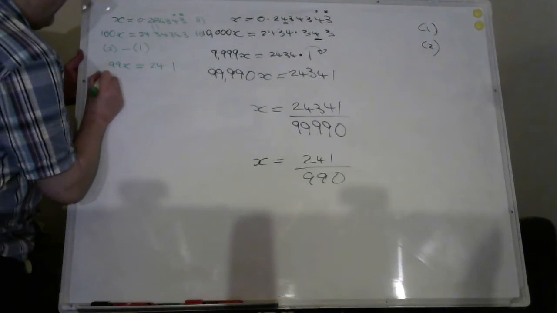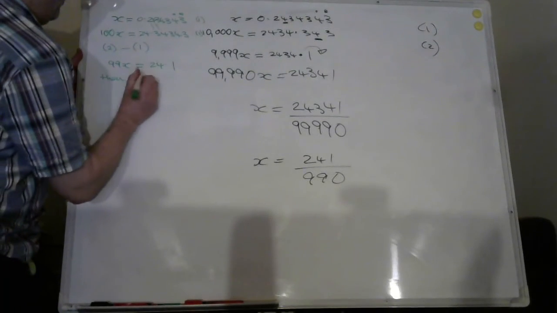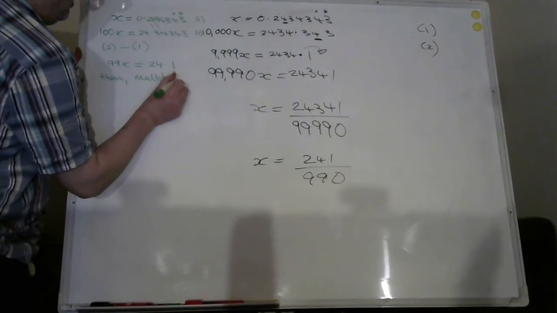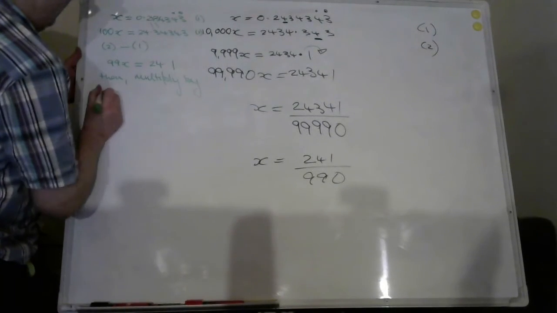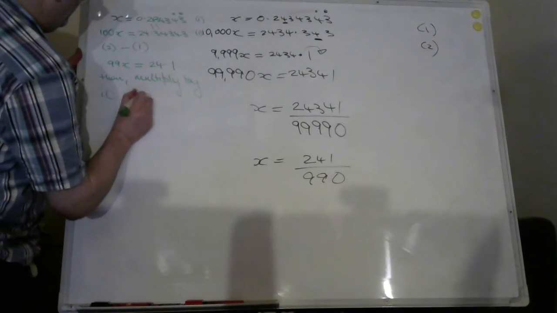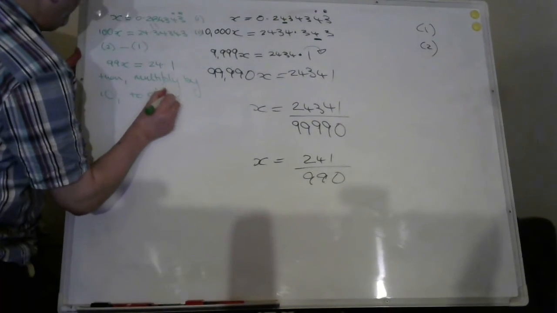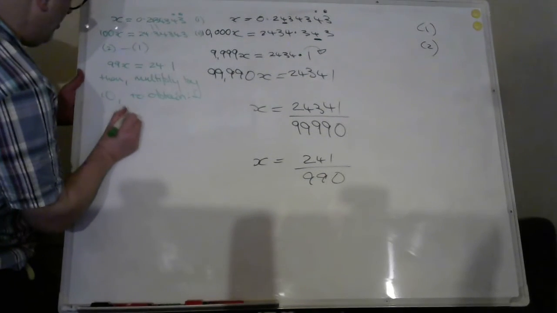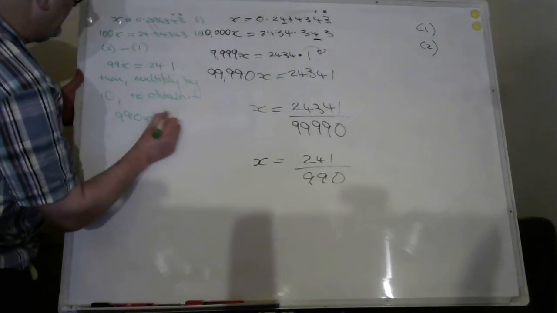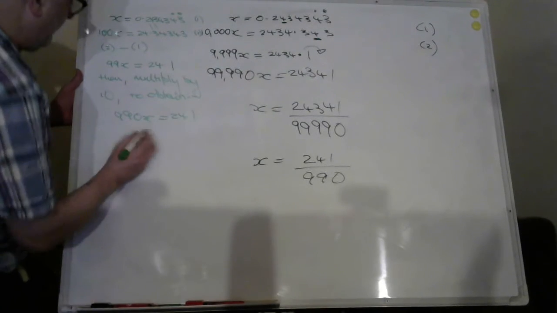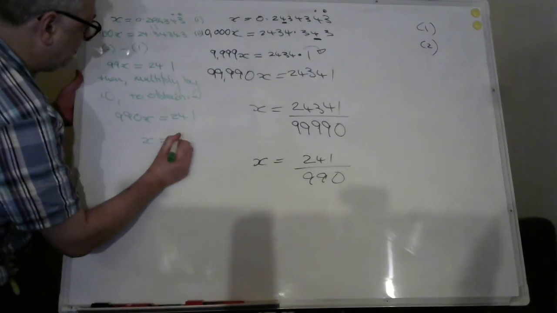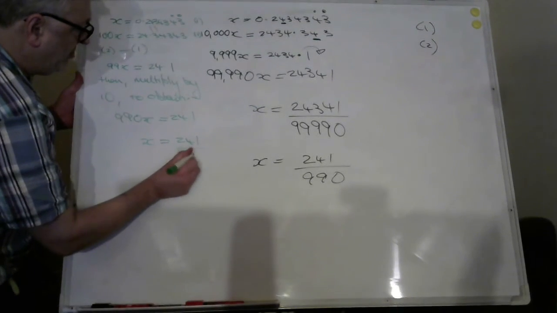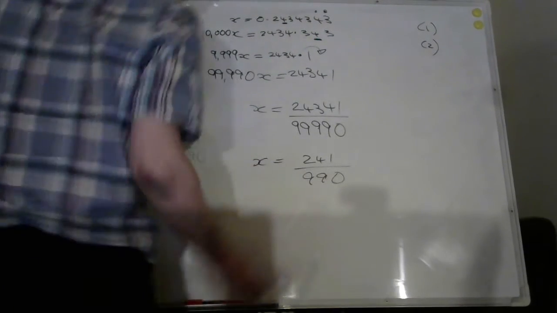So then multiply by 10 to obtain 990x equals 241, and x is equal to 241 divided by 990. Exactly what we have there.